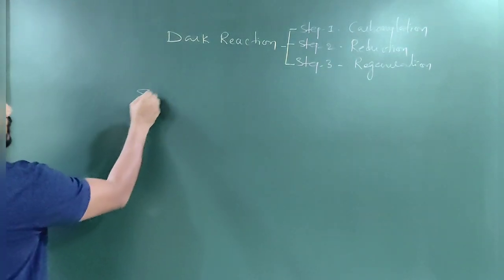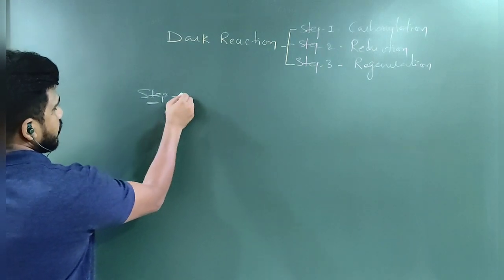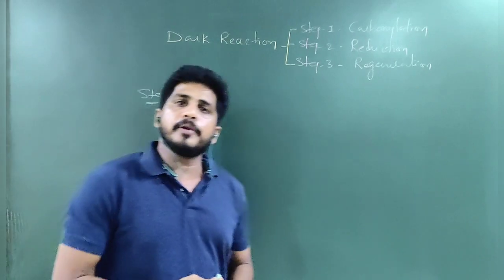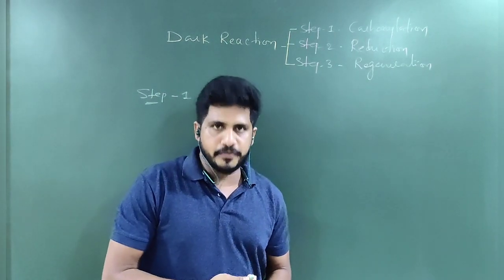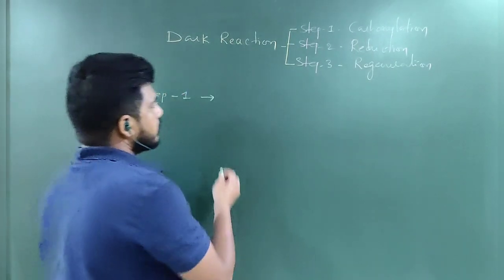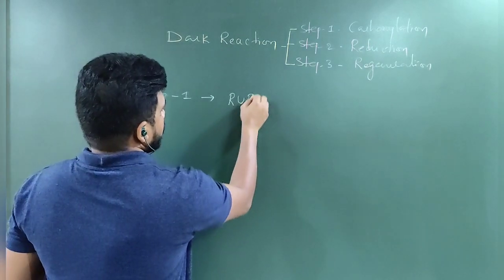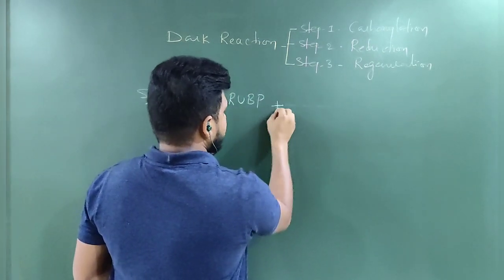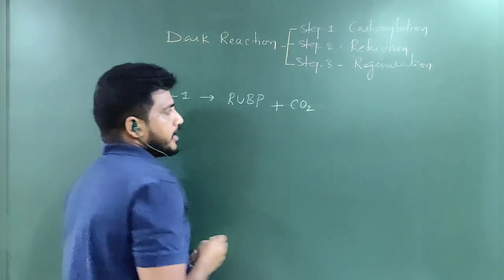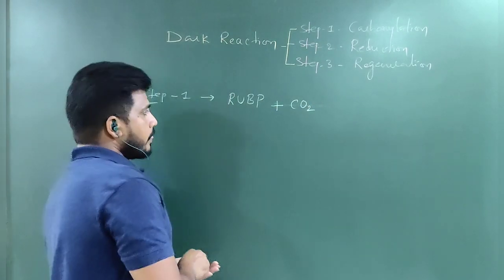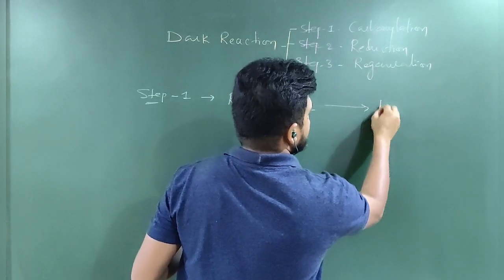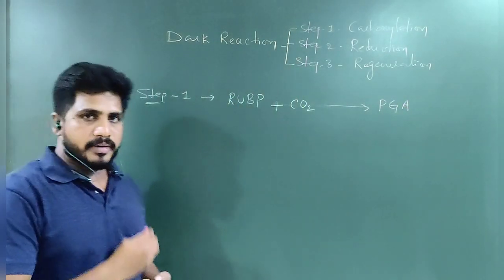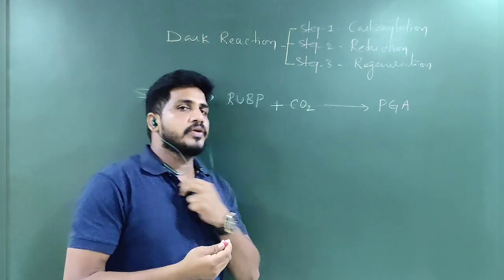In step 1, RUBP, that is ribulose bisphosphate, which is a 5 carbon component, accepts carbon dioxide, the ratio is 1:1, and becomes PGA, phosphoglyceric acid. Here I am not mentioning the molecule ratio.